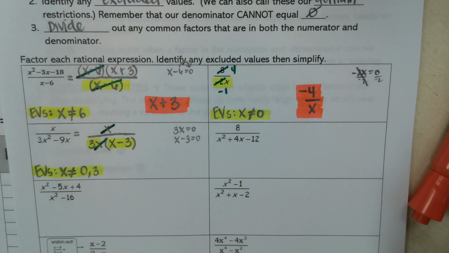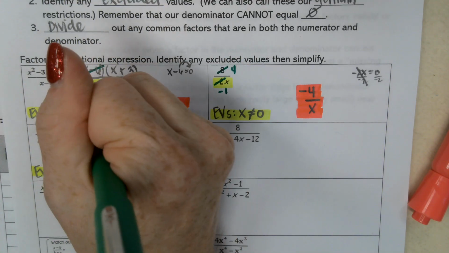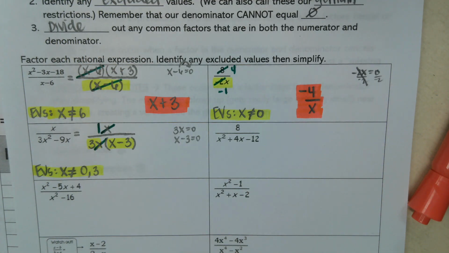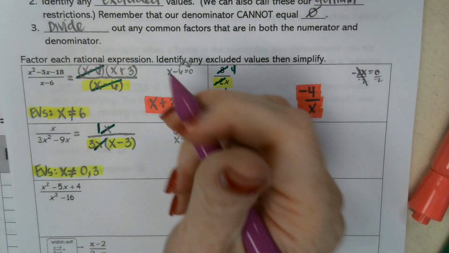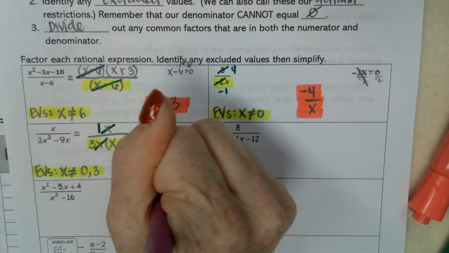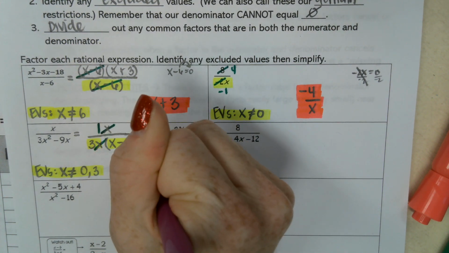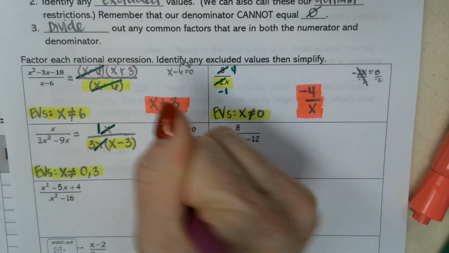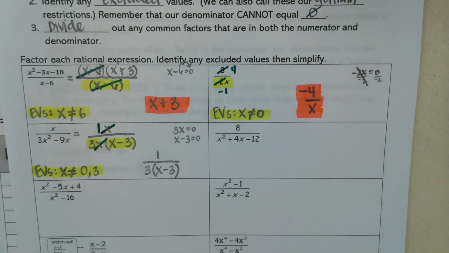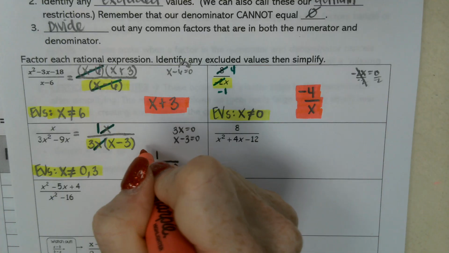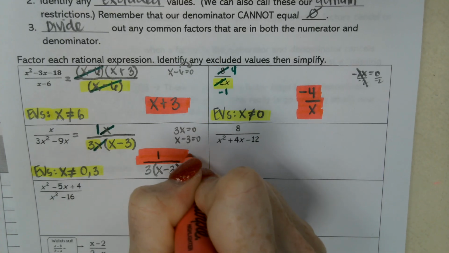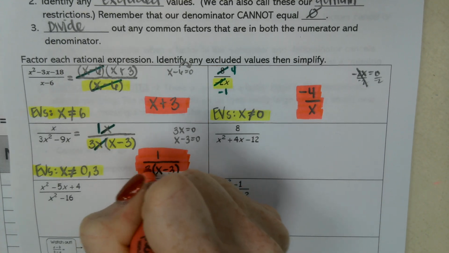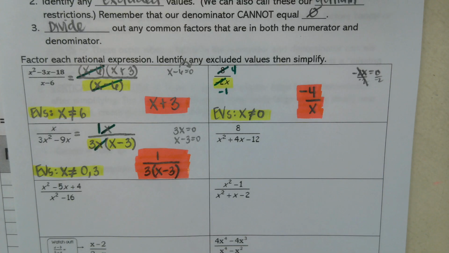What is technically still there? A 1, because there's an understood but unwritten coefficient. So I've got 1 over, that 3 is still there, and then I have x minus 3. And that is simplified as much as it can be.